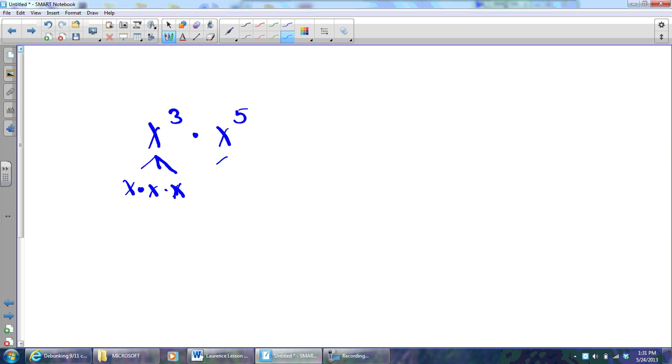And this one would mean that there's 1, 2, 3, 4, and 5 x's being multiplied together. Well, how many x's are there? 1, 2, 3, 4, 5, 6, 7, 8. There's 8 x's all together. 8, what's 3 plus 5? 8. Yeah, so when the bases are the same, if I'm multiplying like bases, I can add the exponents.